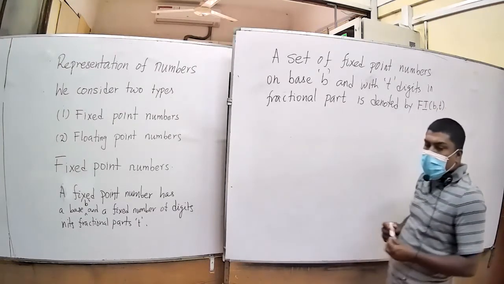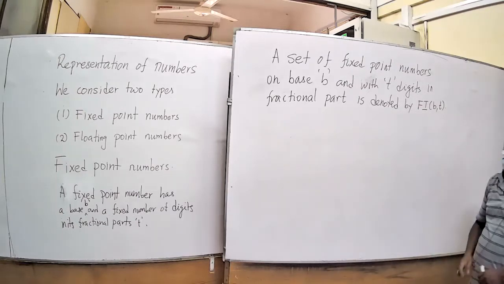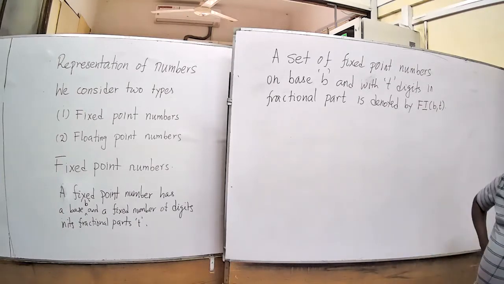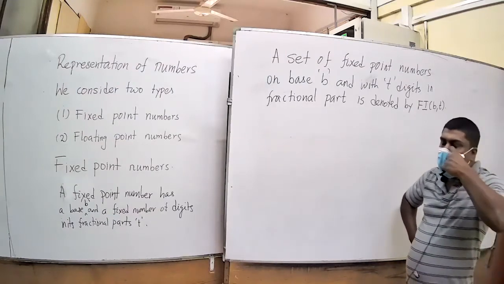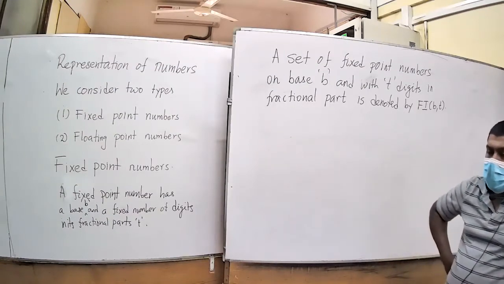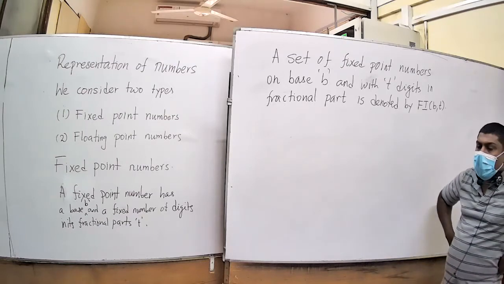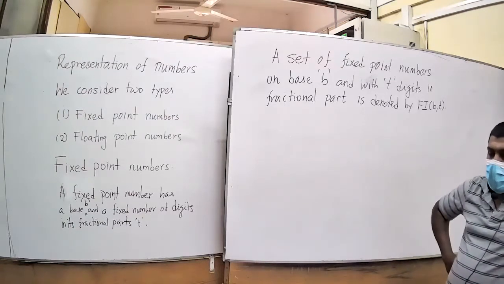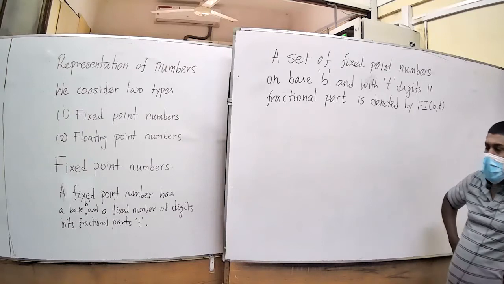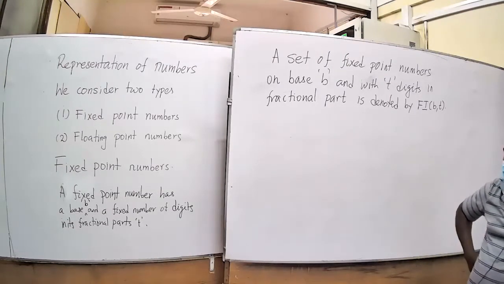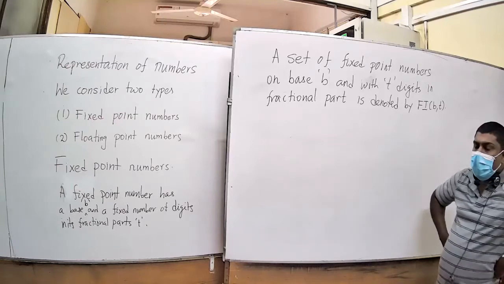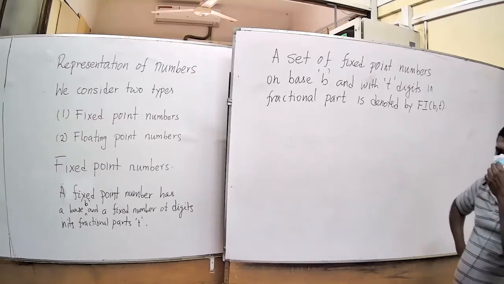Because of fixed point, we use capital F and capital I for the set of fixed point numbers. Those are the first two letters of fixed, FIXED. So we use F and I together to denote the set of all fixed point numbers.